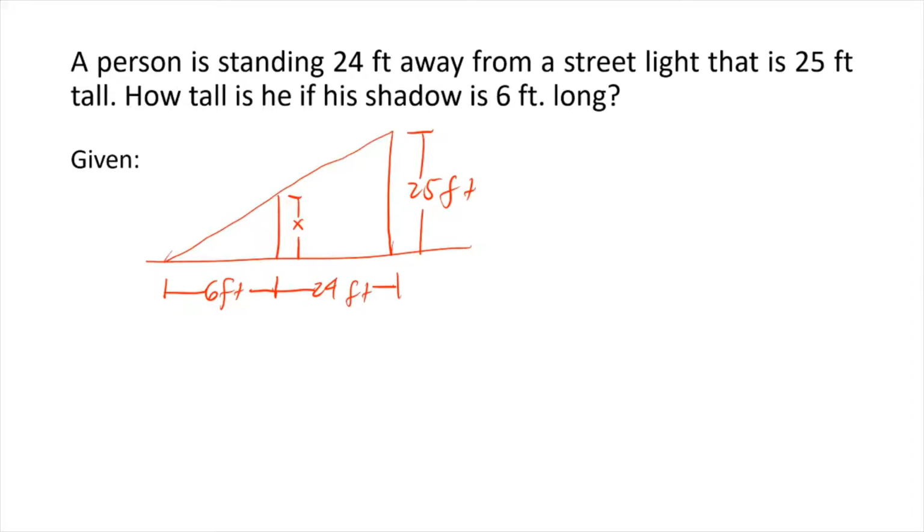As you can see, we have drawn two right triangles, and they are similar. They are similar because they are both right triangles, and they share the same angle here. And because they share the same angle here, these two angles are also the same.